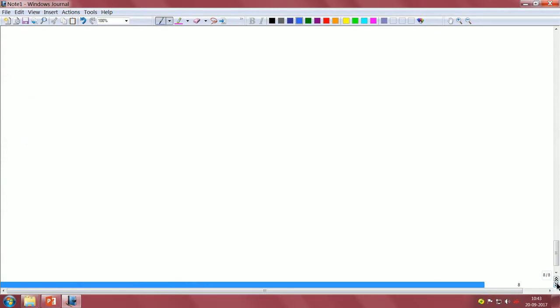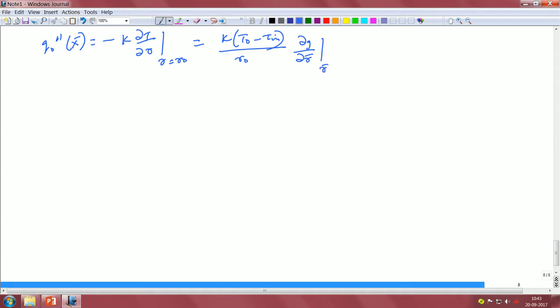So, now that we have got that kind of an expression, there are a few more things that we can write down. For example, your q double dot x bar is equal to minus k dt by dr at r equal to r naught, which is basically k into t naught minus t in divided by r naught dg by dr bar at r bar is equal to 1.